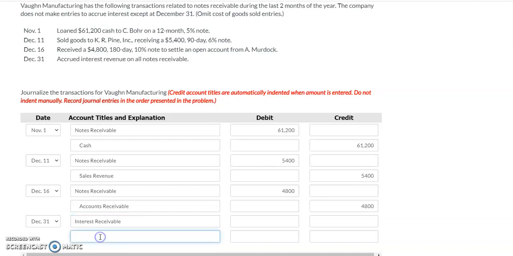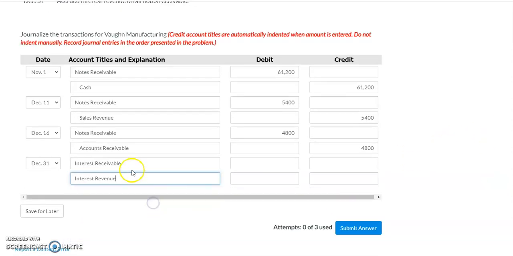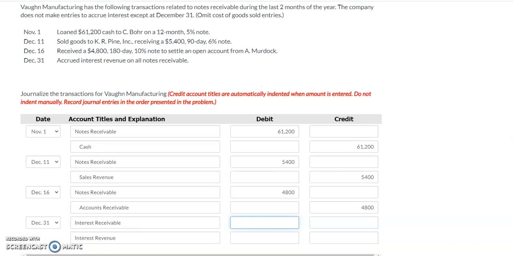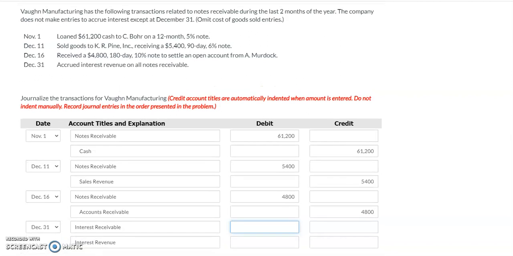Okay, so we're going to debit interest receivable and record our interest revenue because we have earned that revenue. We haven't received it yet because it doesn't say that we've received it. We're only accruing for it. So we're going to do a little bit of math in order to determine the dollar amount.